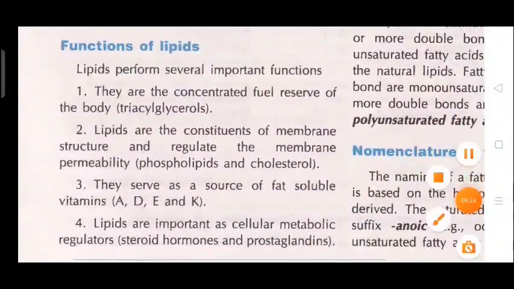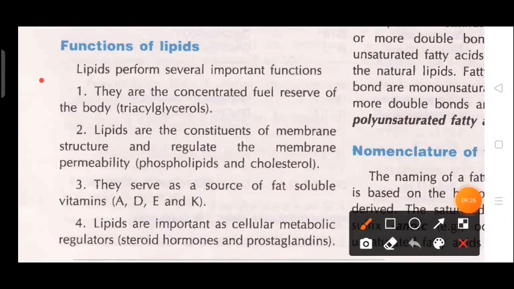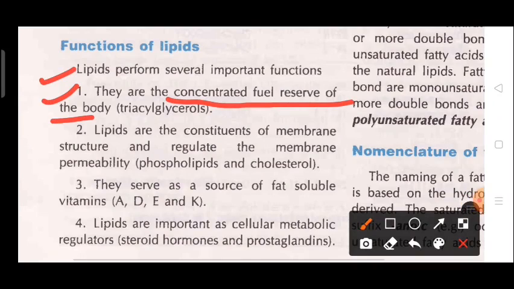Now the functions of lipids. Lipids perform several important functions. First, they are the concentrated fuel reserve of the body, meaning they are the stored food material in animals, mainly in the form of triacylglycerol.